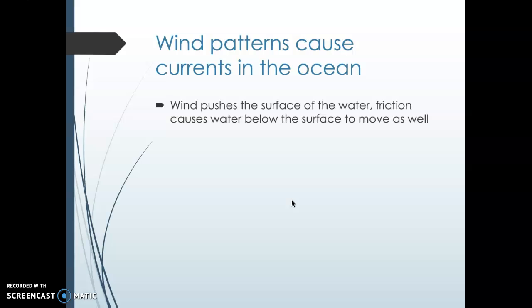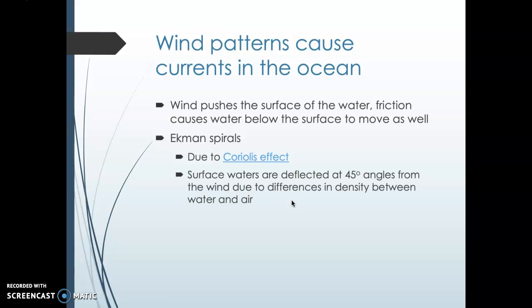But because there's friction, there's some energy that's lost, and so the water tends to move in these sections and creates spirals called Ekman spirals. And this is because of the Coriolis effect. The surface waters are deflected such that the net movement of water is about 90 degrees from the direction of the wind. And that's what we call Ekman transport.